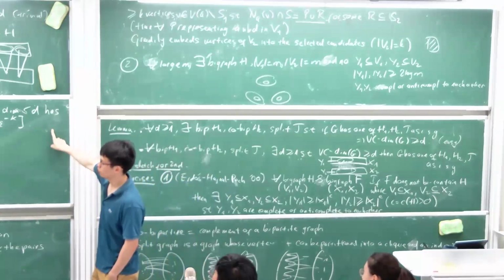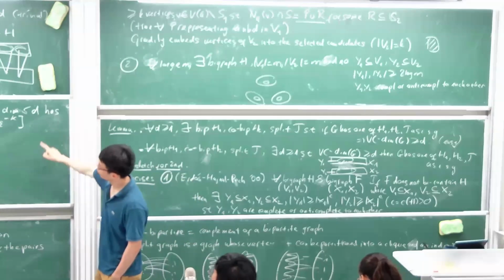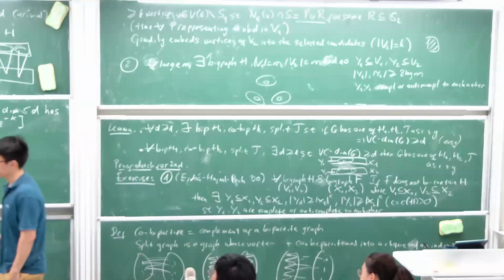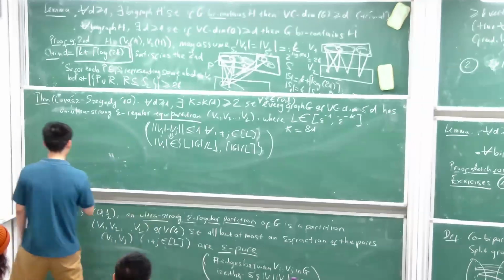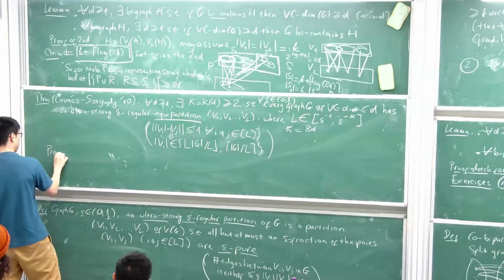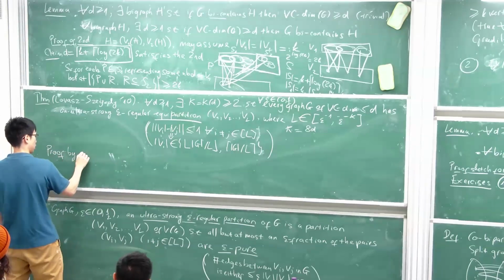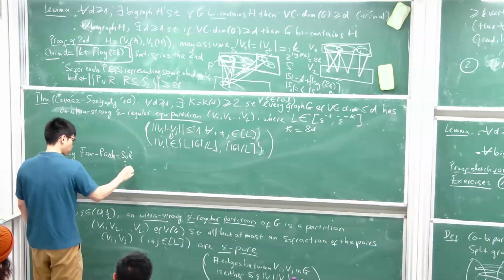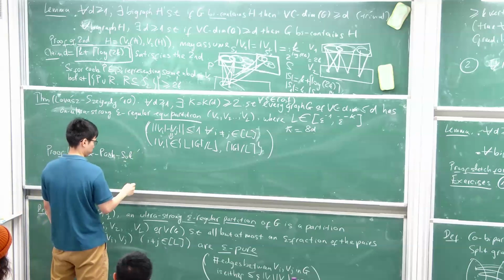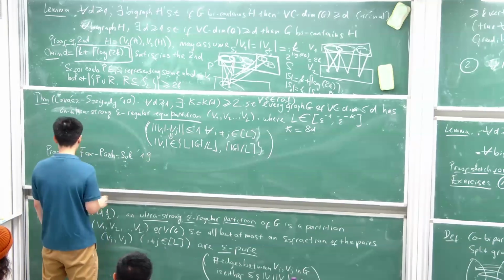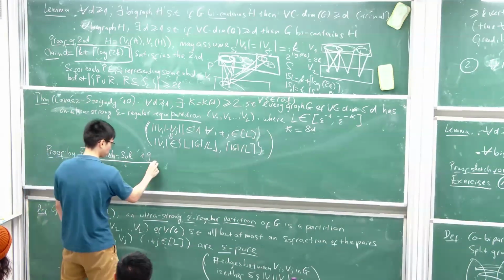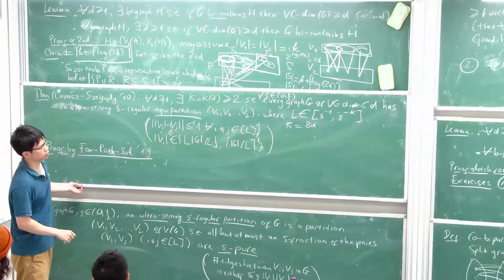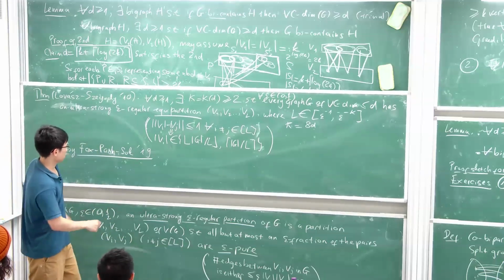The first proof was done using graph limits, and the proof that I'm going to present is by Jacob Fox, Pach, and Suk, around 2019. Yeah, the proof is pretty simple. We're using a weak version of the Sauer-Shelah lemma.